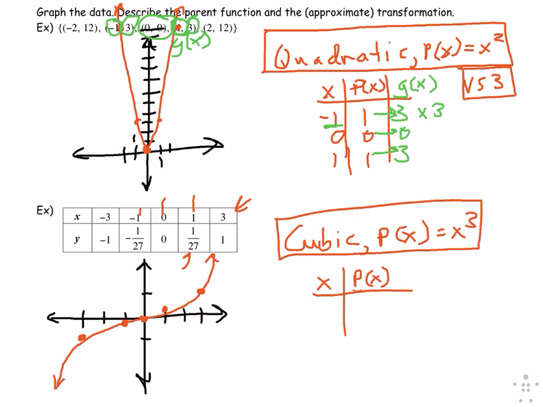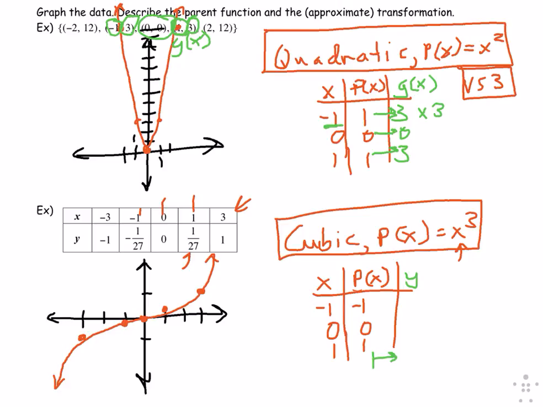Always start off with the parent table. And that is for cubic. And then for the other part of the table, if you think that it's the y's that are changing, then put it to the right of the dependent variable column. If you think it's the x's or it's a horizontal transformation, you put it to the left.